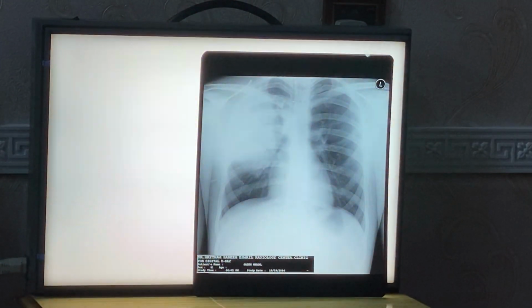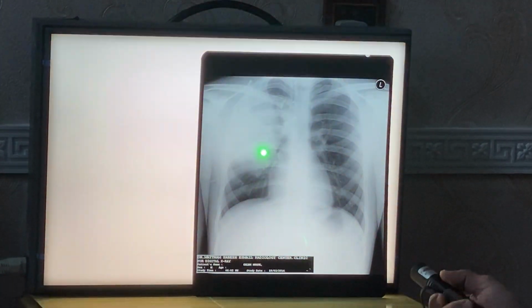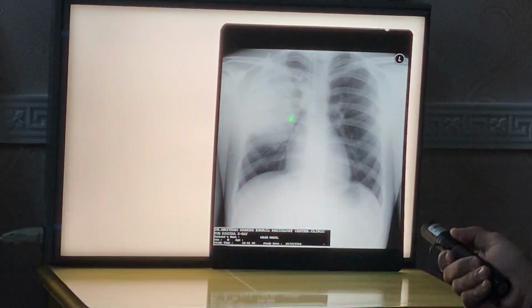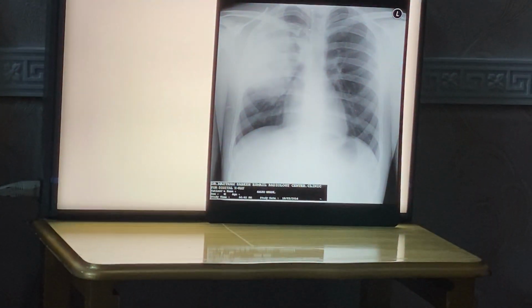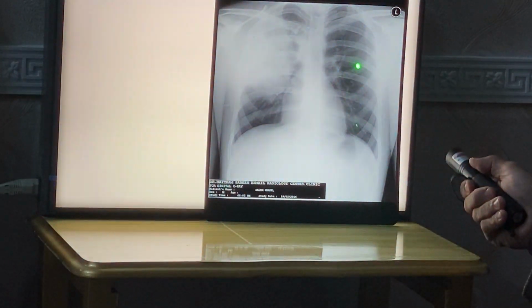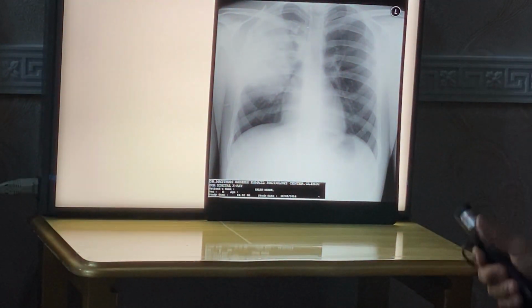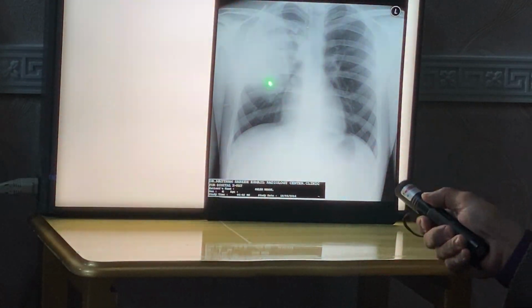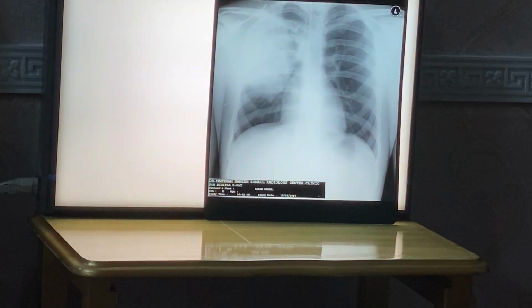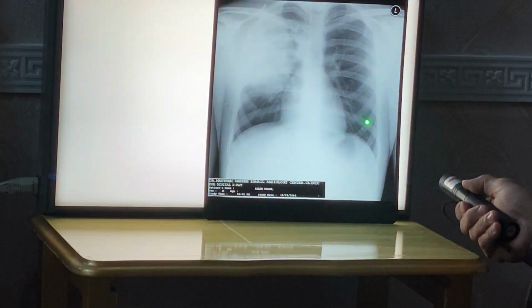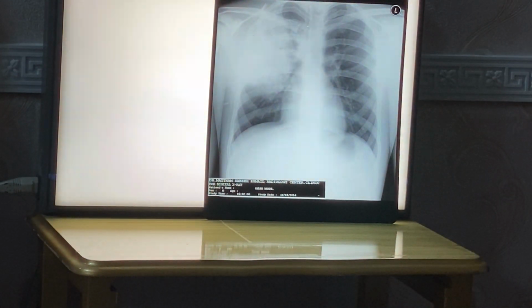So the normal anatomical differences, don't forget them. Third, the pathology is either white in color or dark in color. Because the lung contains gas, it will be dark. Any increase of whiteness in the lung is abnormal, or increasing darkness in the lung will also be abnormal.